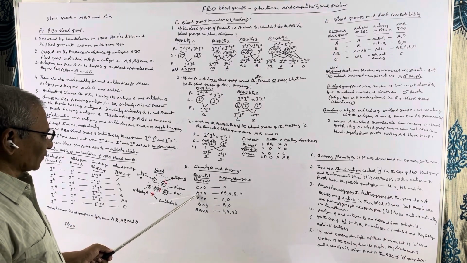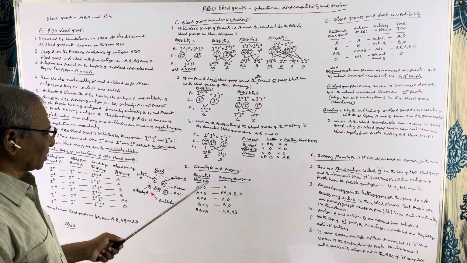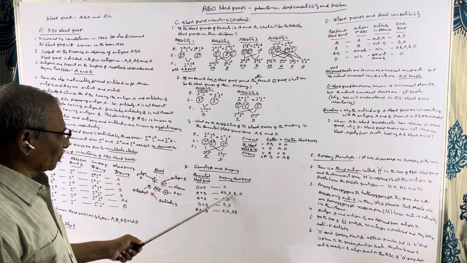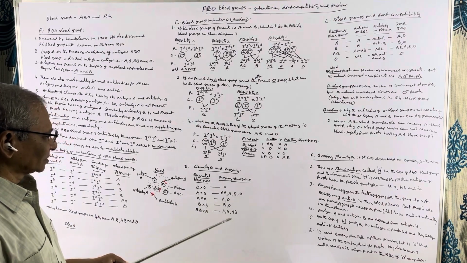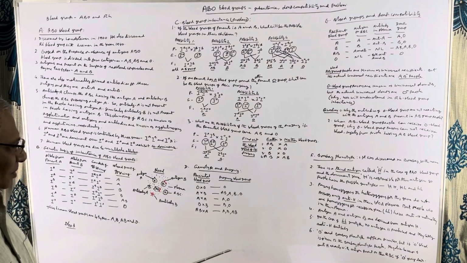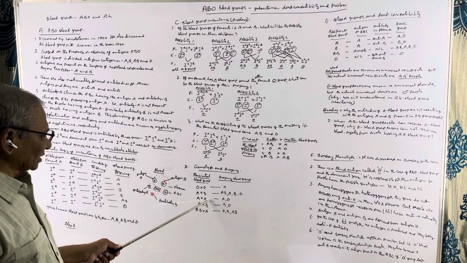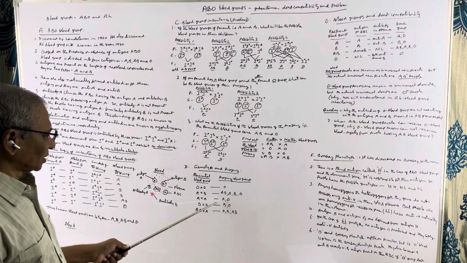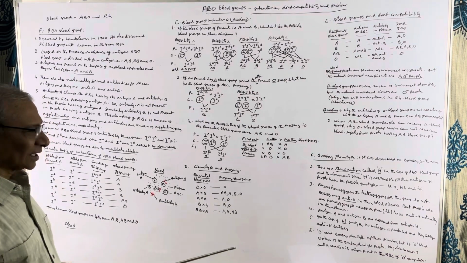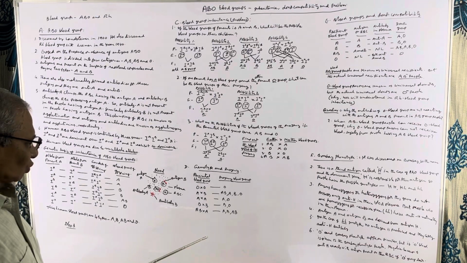If one parent is of A group and another parent B blood group, then all 4 possible combinations are there. Their children may be of AB group, B group, A group or O group. If both the parents are of A blood group, their children will be either of A group or of O group.